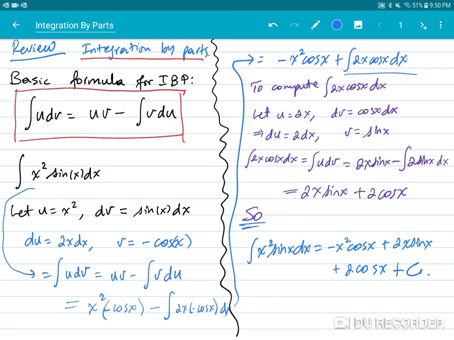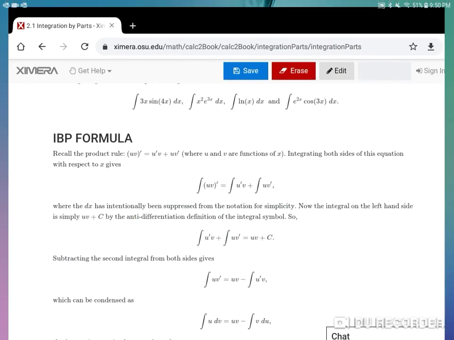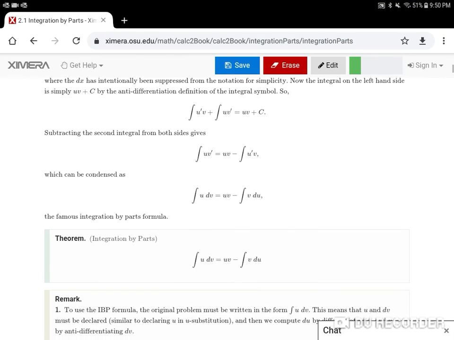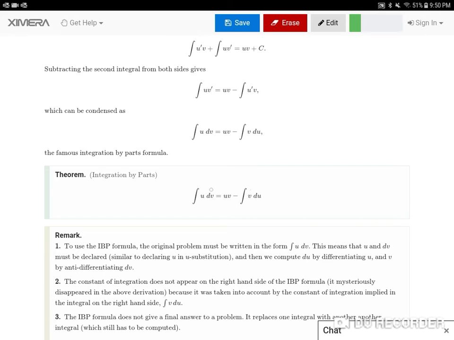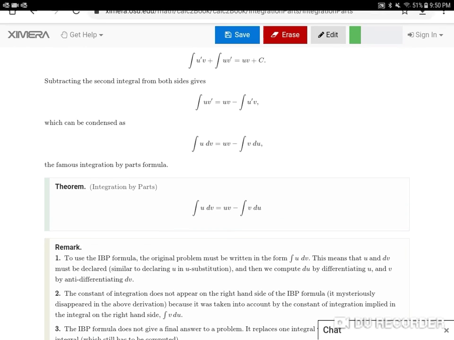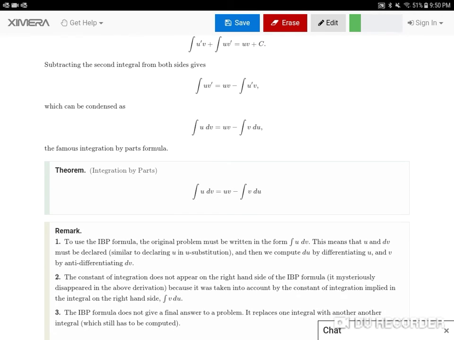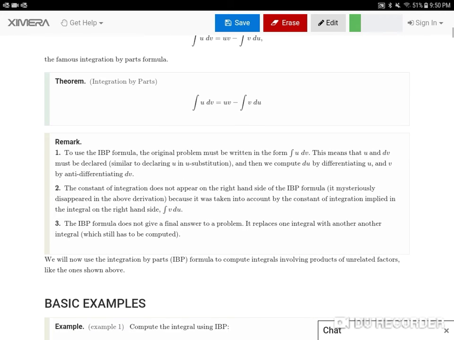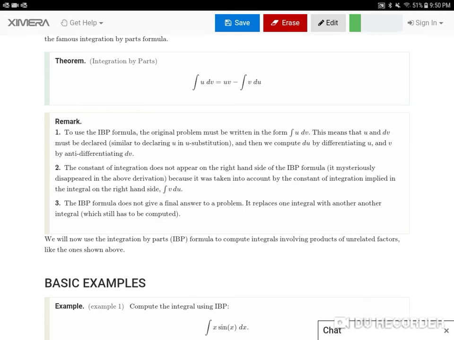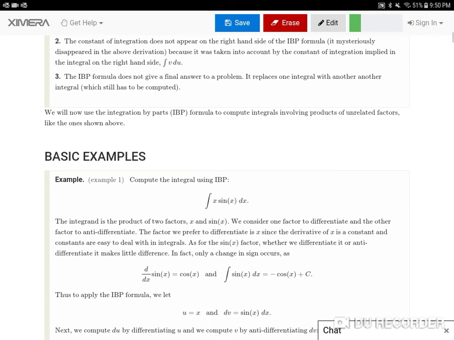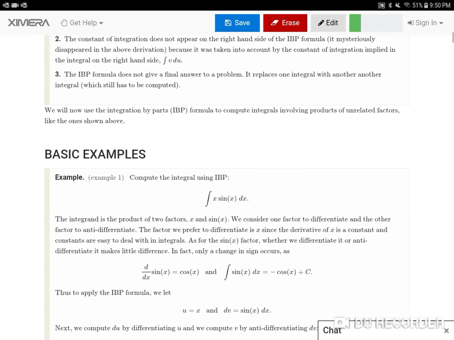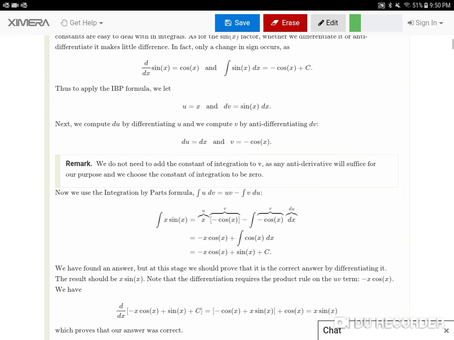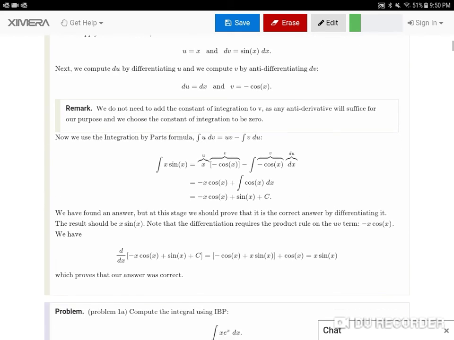Okay, and if you go to your Chimera book, that's the integral formula. This remark tells you what the steps look like. And here is a basic example, x sine x, and I would like you to read that.